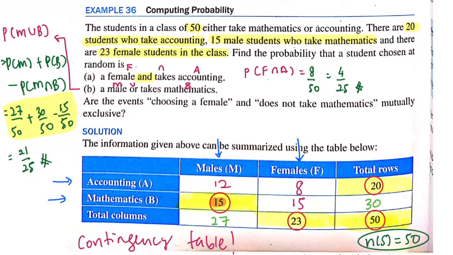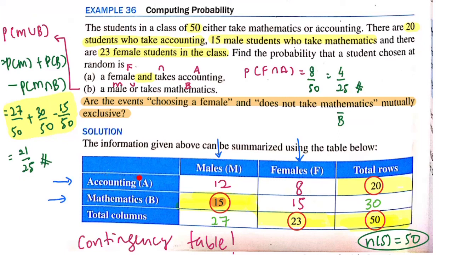So finally, let us see the question here. Are the events of choosing a female and does not take maths mutually exclusive? Let us see here. Choosing a female is this column here. Does not take maths means that it is B complement, because maths is B. Okay, so where is B complement?